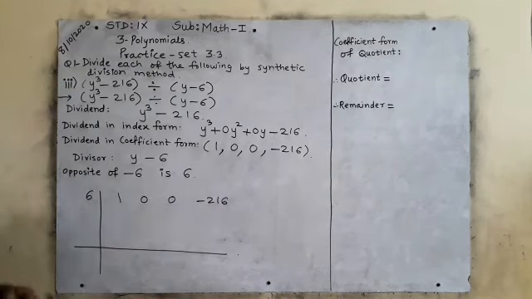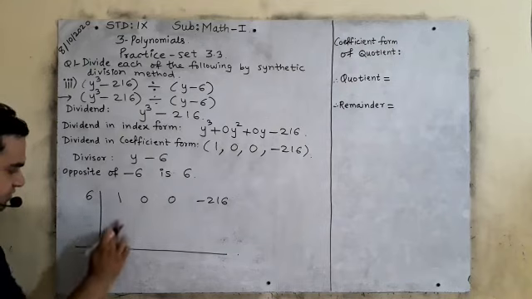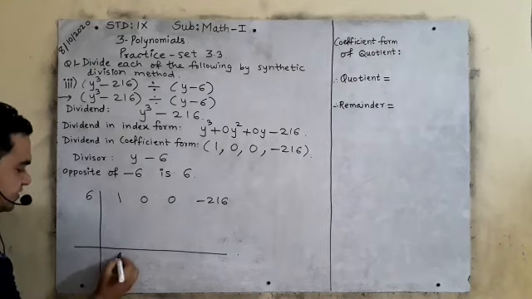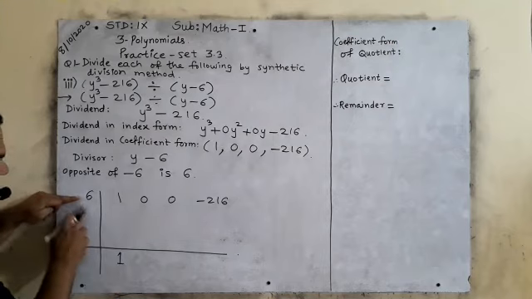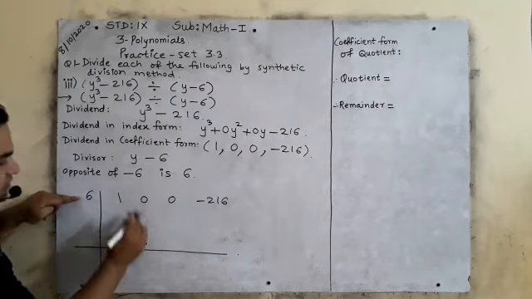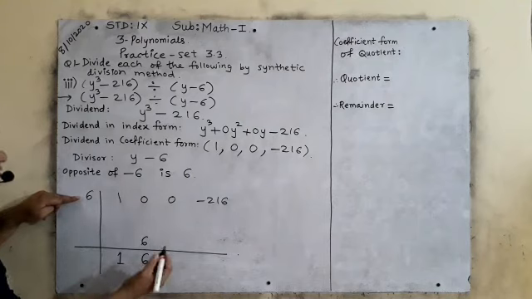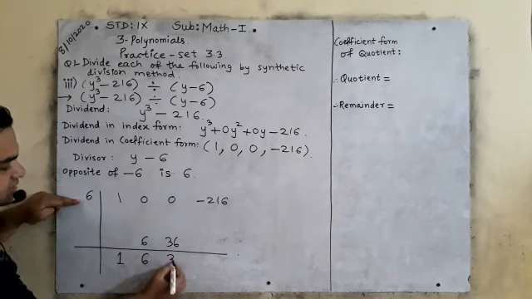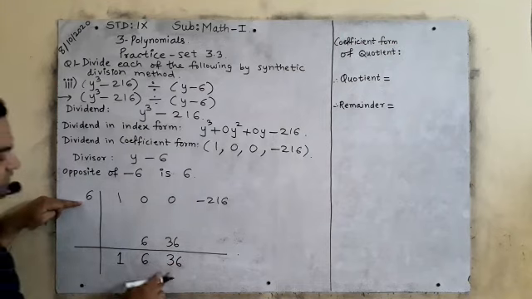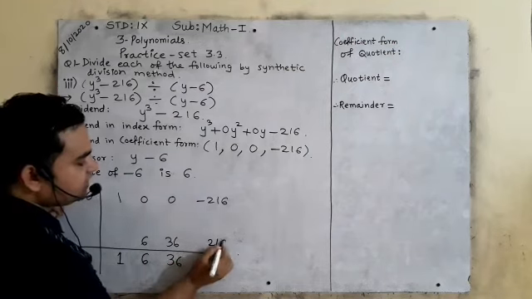Right? Then what is the next step? The first coefficient will come as it is, 1. Now 6 ones are 6 here. 0 and 6 is 6. Now 6 6s are 36. 0 and 36 is 36. 36 6s are 216.